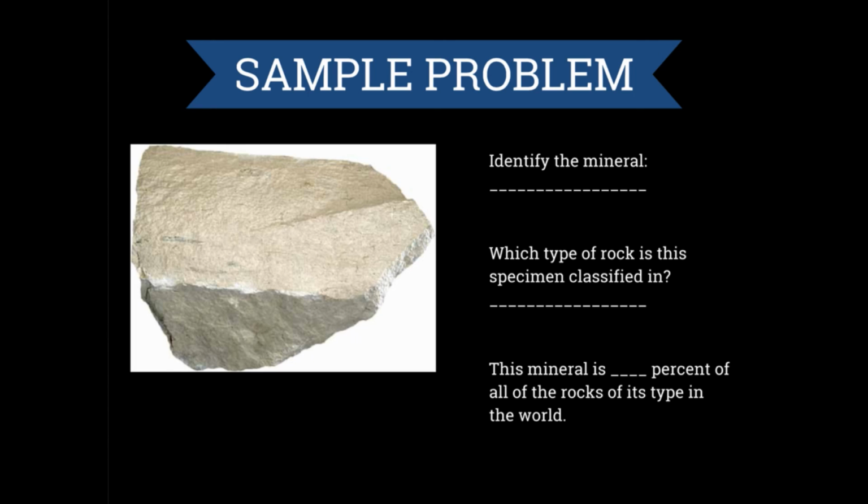But in this case, the question's asking, this mineral is blank percent of all the rocks of its type in the world. So basically, it's saying we know that the specimen's limestone and the type is sedimentary. So the answer is 10%, but obviously you're not going to be knowing that right off the bat. But yeah, you're going to have to memorize a lot of seemingly unnecessary facts about some minerals because they actually do prove to be pretty necessary.